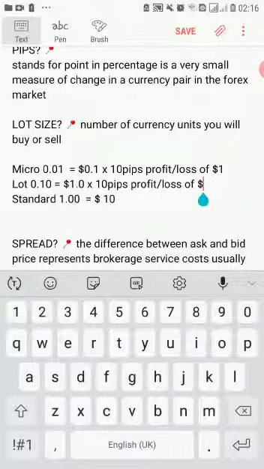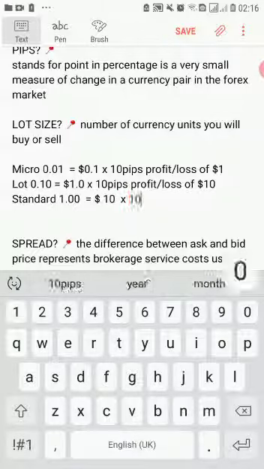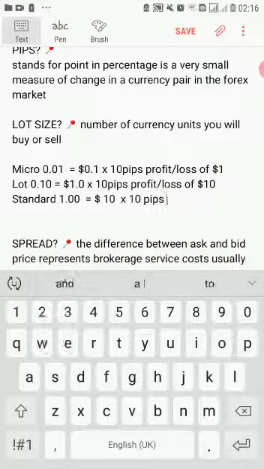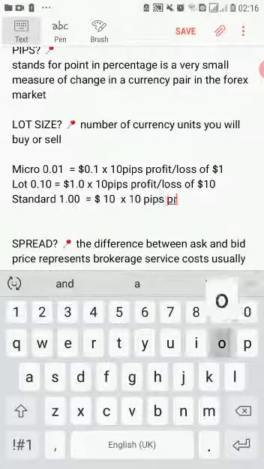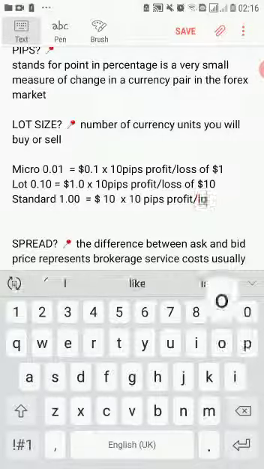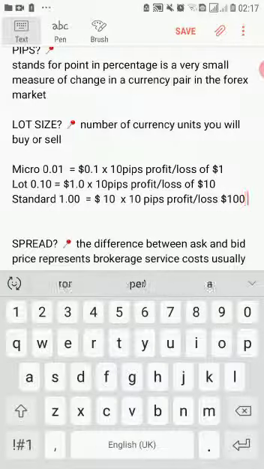So if it was to move by 10 pips, we're saying 0.1 times 10. That would mean you would make a profit or loss of $10.